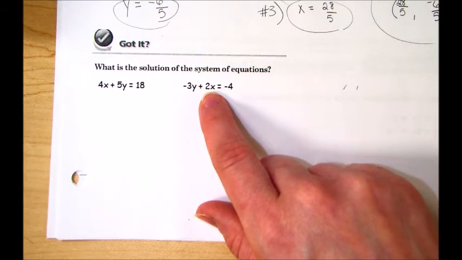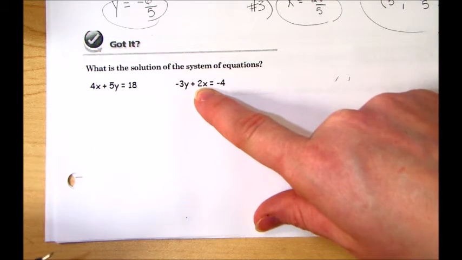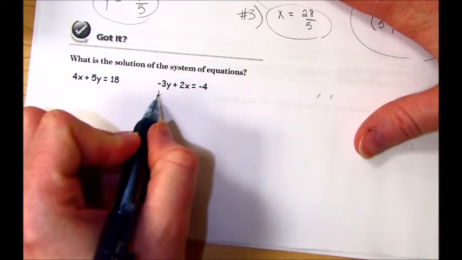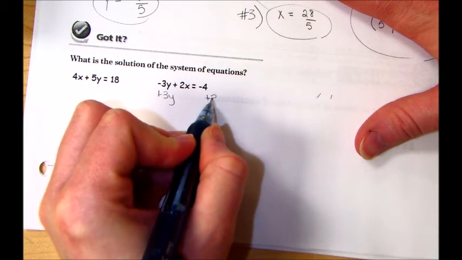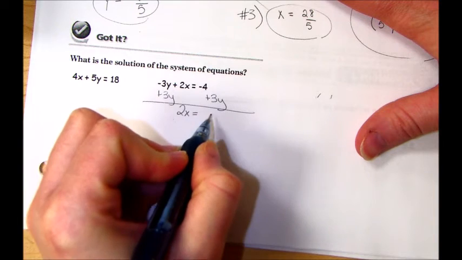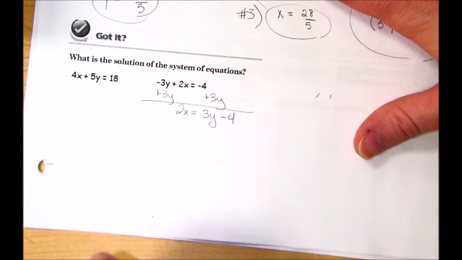So I'm going to pick the second equation, and I'm going to pick to solve for x because x has a coefficient of 2. So in order to do that, I have to move my 3y to the other side. So I get 2x equals 3y minus 4 because of the negative 4.